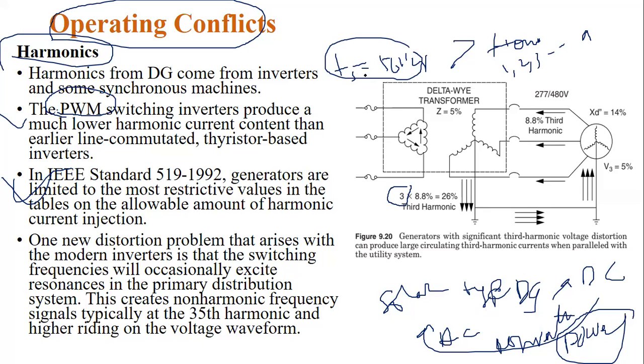Not only are harmonics produced by the converters and power electronic devices, there is also some possibility that transformers produce some harmonics.